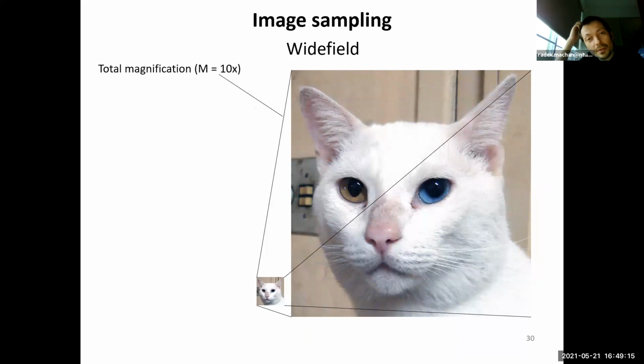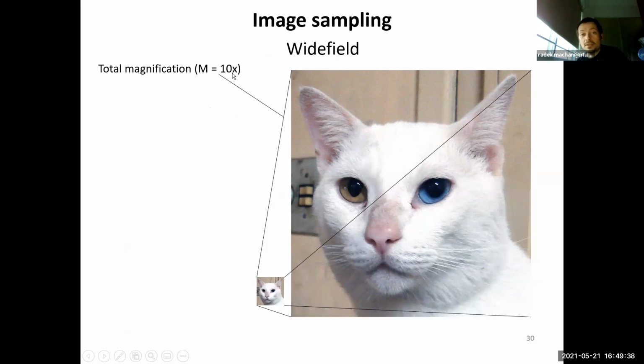And the last important topic is image sampling. Let's start by explaining what we mean by image sampling. I have my object, and I create a magnified image.